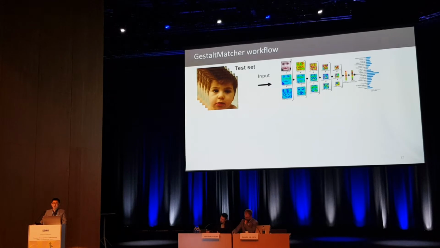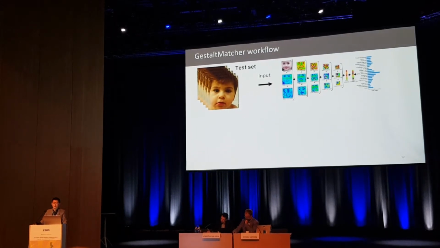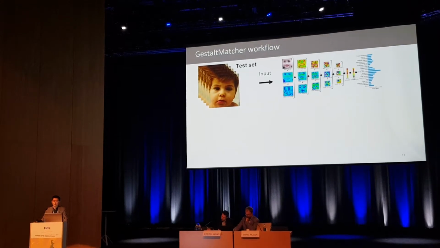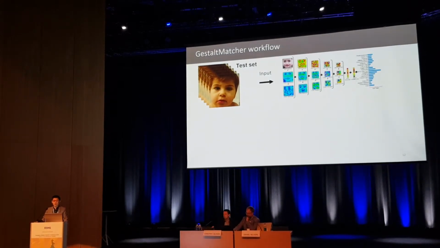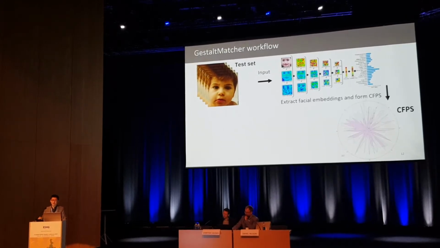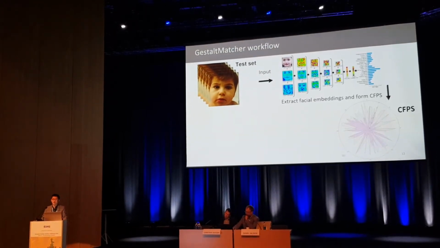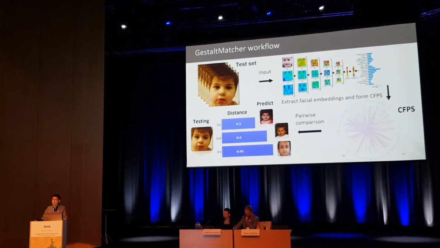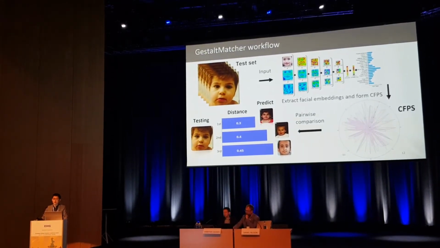And here is the workflow of our GestaltMatcher analysis. First of all, we train the network with the 20,000 patients' photos, and further we put the testing image into the network, extract the facial embeddings, and span the clinical face phenotype space. Then we perform the pairwise comparison to calculate the distance between each patient.